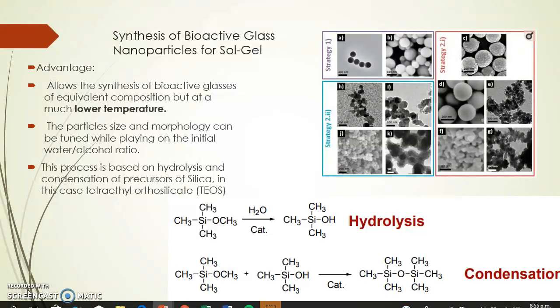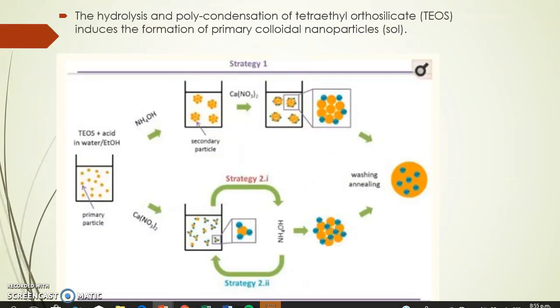And condensation is the reverse process where two molecules lose water. This process is carried out for the silicon precursor, in this case tetraethyl orthosilicate. Hydrolysis and condensation produce the formation of primary colloidal nanoparticles.